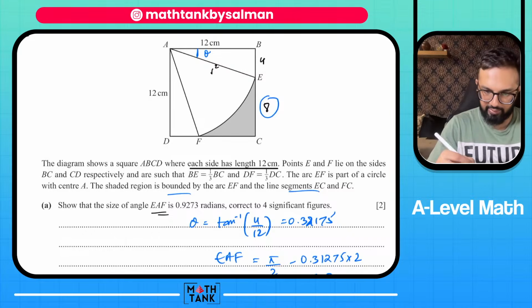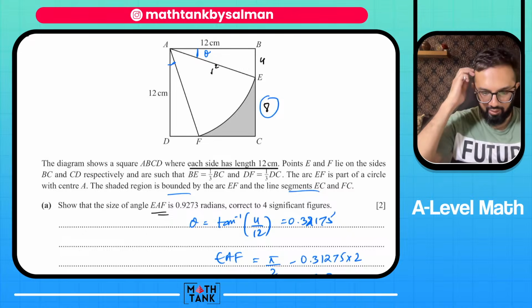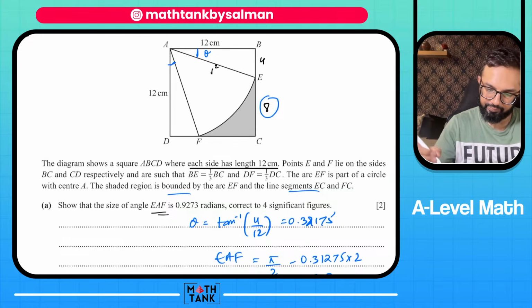Since these angles are the same, they've got to be the same, so this is also 4 and this is also 12, so this is also 8 then.